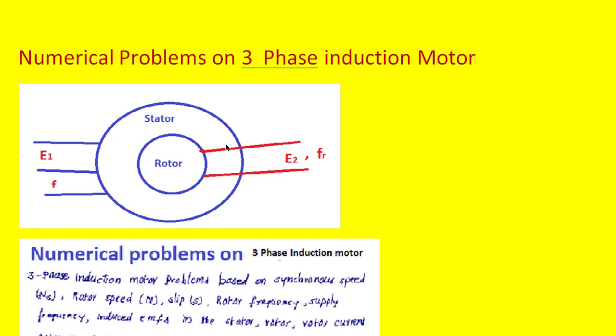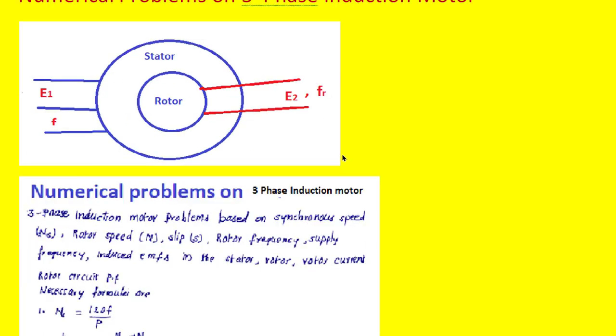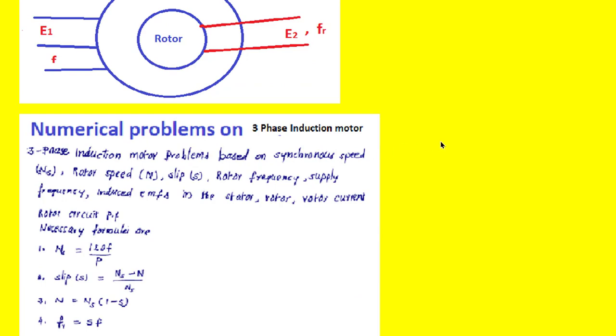If the rotor circuit is closed, then current also flows through the rotor. That current is called rotor current. So these are the few things which we have to keep in mind while solving problems based on the three-phase induction motor.